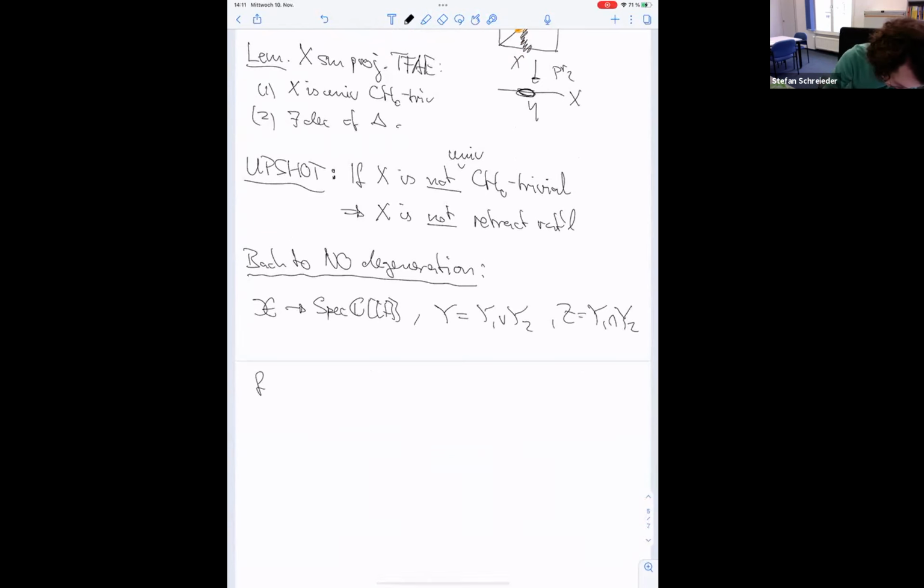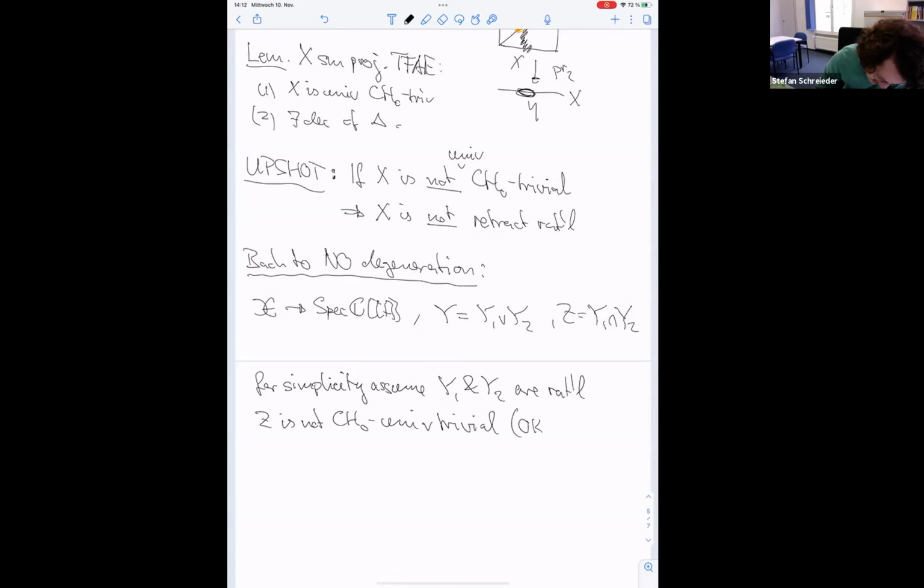And for simplicity, I want to assume that these two components are rational, and Z is not universally CH_0 trivial. So yeah, this is okay by Hassett-Pirutka-Tschinkel.